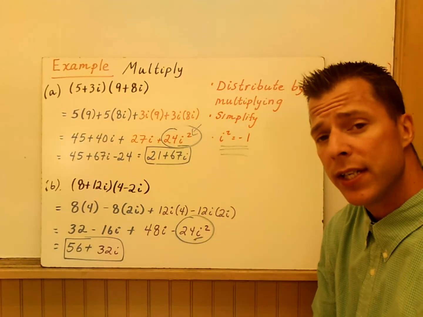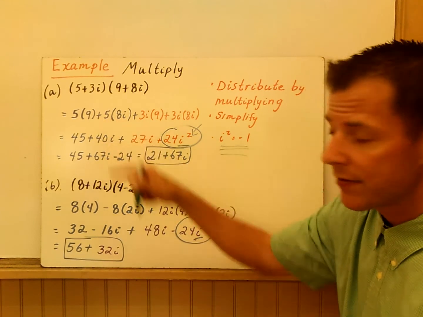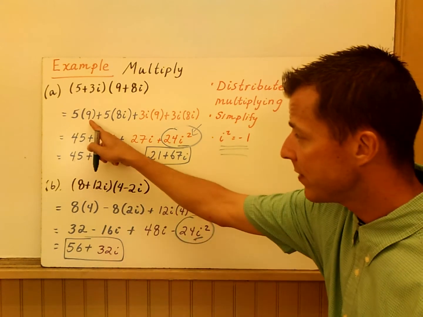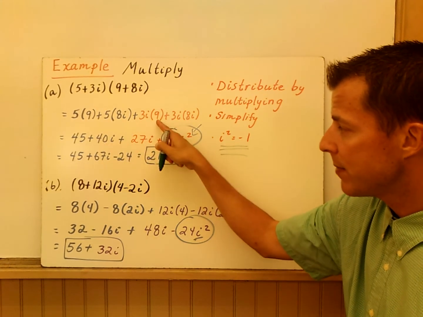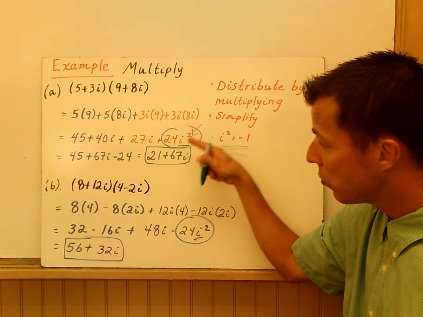Now, the difference between adding and multiplying complex numbers: I can multiply 5 times 8i. That gives me 40i. 5 times 9 is 45, 5 times 8i is 40i, 3i times 9 is 27i, and 3i times 8i is 24i squared.